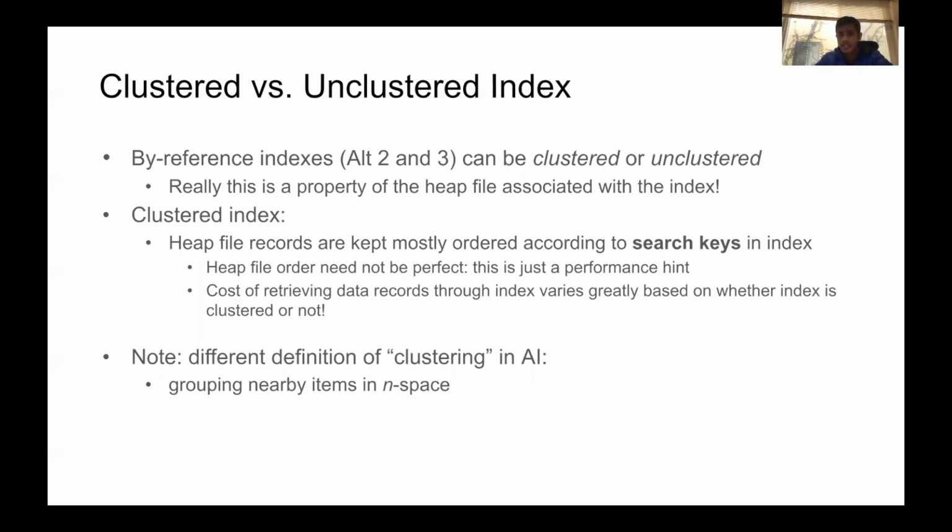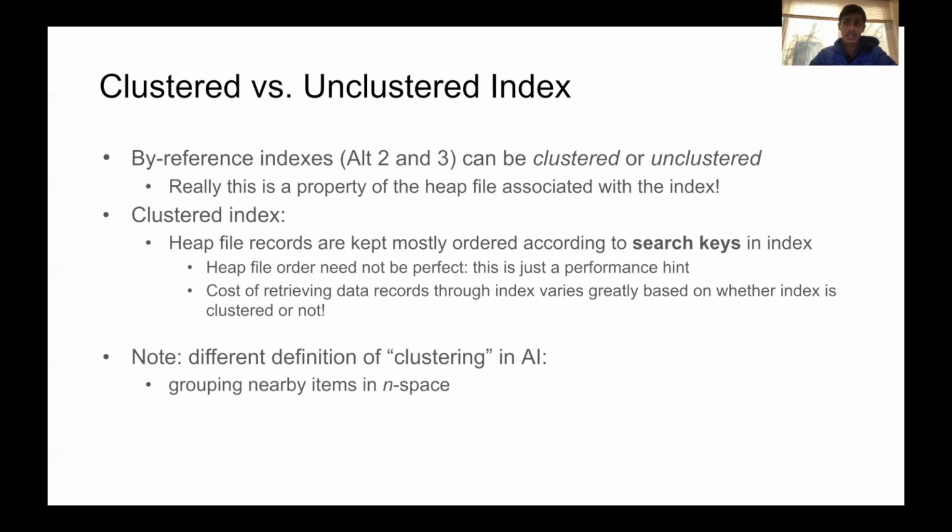By reference indexes can be clustered or unclustered, and that clustering does not really refer to the index itself. An index will always have data sorted at the leaf, or keys sorted at the leaf level, but what an index might not have, if it's alternative 2 or 3, is that data to be correspondingly sorted on disk.